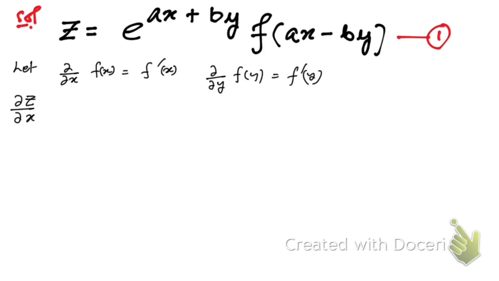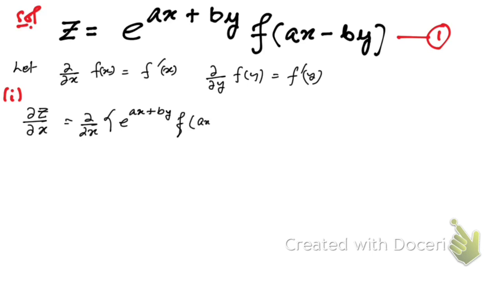Now first, for equation number 1, z is nothing but e to the power ax plus by into f of ax minus by. Here we're going to use the product rule. This is u and this is v.